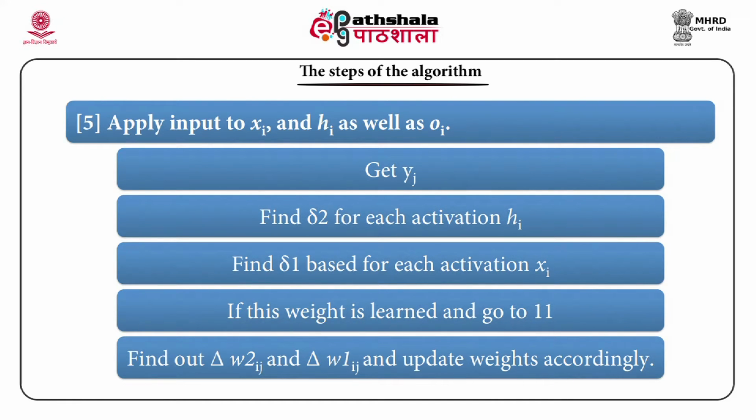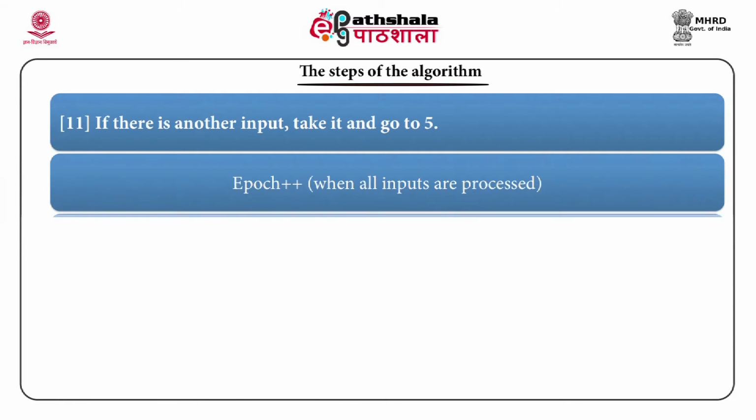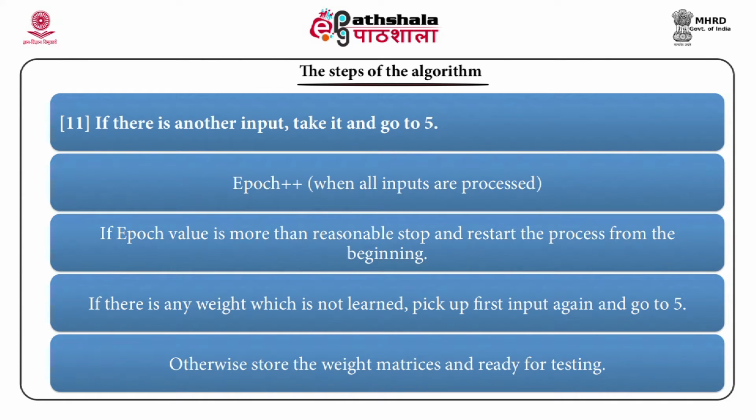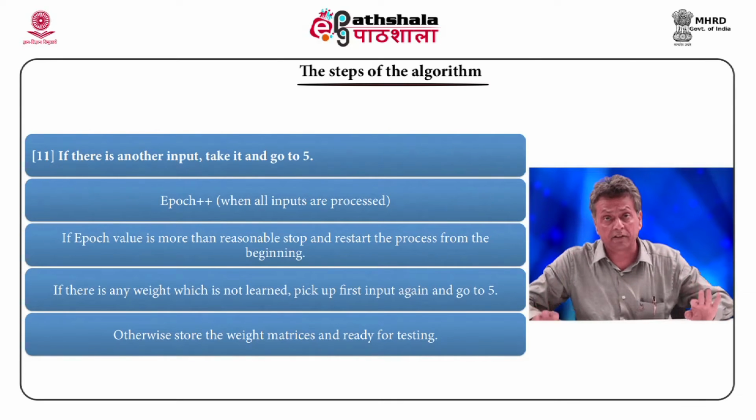So I am not going to stress it further here. Now this is something to be done for a single input. Once this input is done, you will try the next input and the next and the next and so on till all inputs are done. When all inputs are done, the weights are updated, and one epoch is said to be over. So the epoch value is incremented by 1. And if all units have learned everything, you stop.